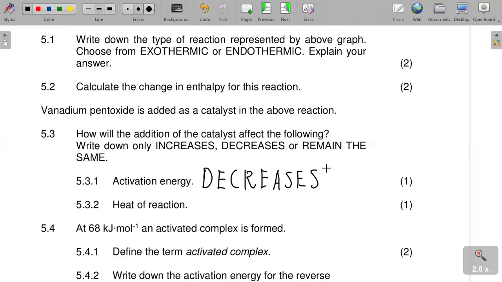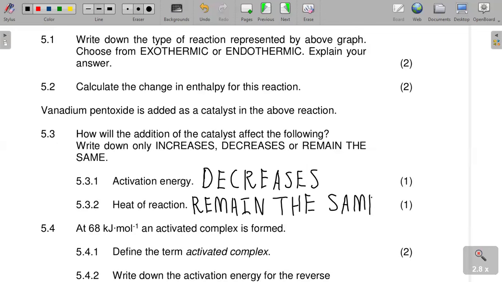And then the heat of the reaction, the enthalpy. The catalyst has no effect on the heat of the reaction, so it will remain the same. There wouldn't be any change.